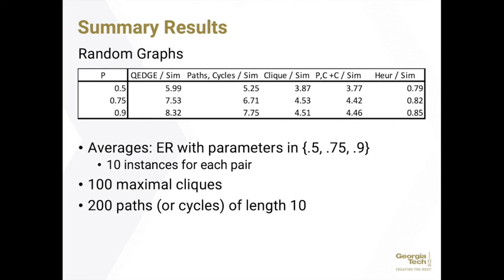The clique column corresponds to 100 maximal cliques generated greedily, which we then separated over. P, C plus C is all of both the paths and cliques done simultaneously. And the last column is the result of a simple degree-based heuristic simulated.